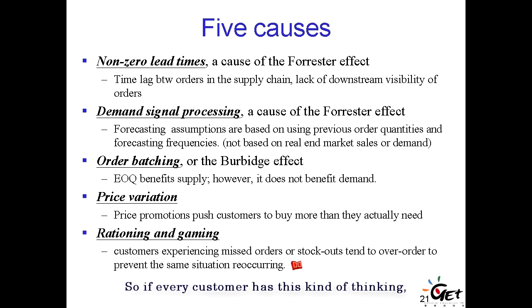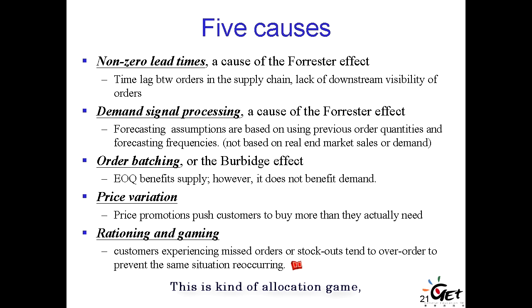Right? So if every customer has this kind of thinking, then everyone just tells the supplier the wrong message, and they don't tell the supplier the true situation. Okay? They tell a higher demand. So I need 120, but actually maybe he needs just 100 or less than 100.